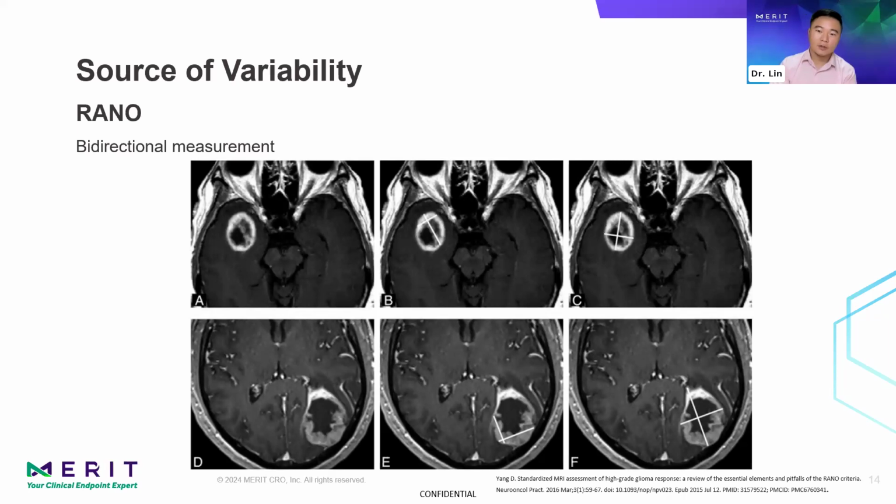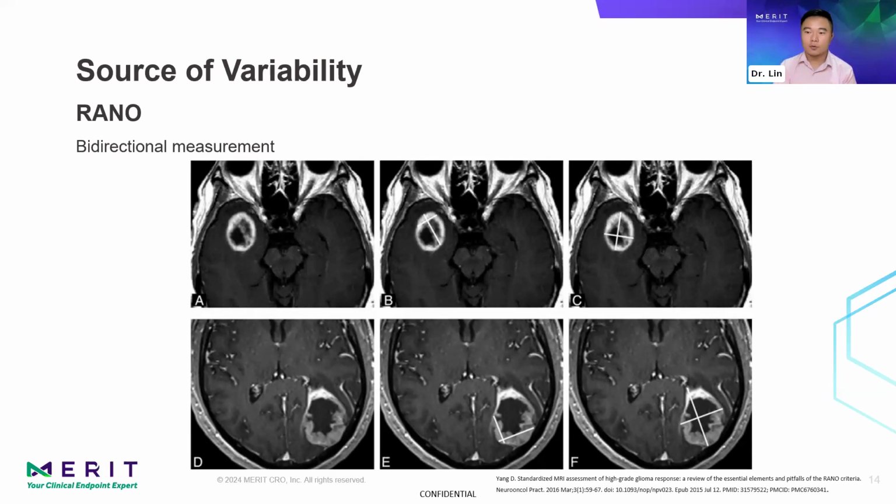Sure. Now we know that in the RANO system, no matter RANO HGG, LGG, or 2.0, it uses a bidimensional measurement instead of unidimensional. So it means whatever causes discrepancies in RECIST 1.1 will happen twice in one RANO time point.